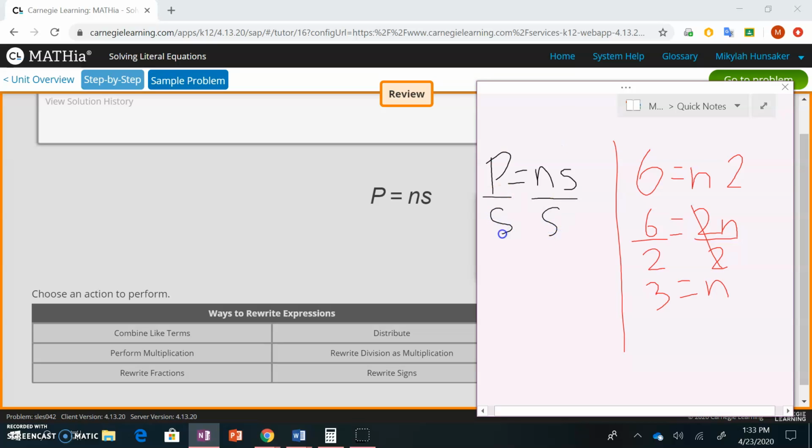That cancels these out, so they're gone. We're left with n. And P and S are two different letters, so we can't do anything with them, and we just leave them as P over S. That should be my final answer. Look, we said 6 over 2, P over S. Same setup. If this helps you, this is a strategy where you put random numbers in for any of the letters you're not trying to solve for. Let's go back to our actual problem.